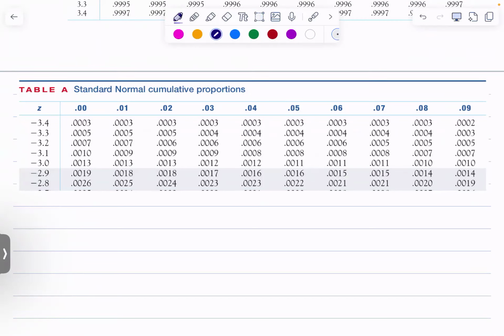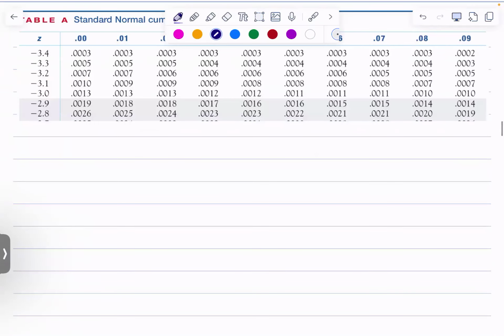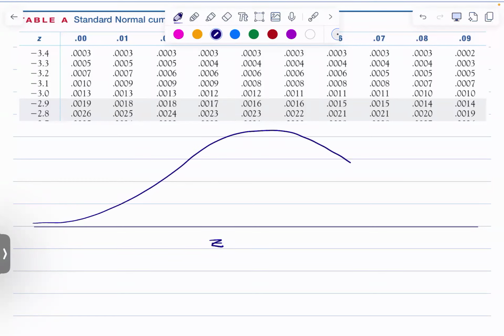So Z is on a continuous scale down here. And we know that Z is centered on 0.